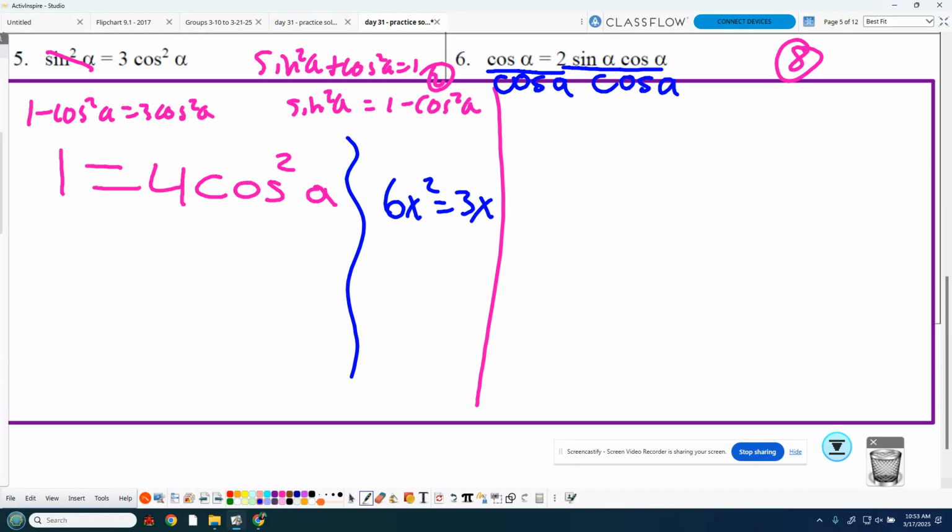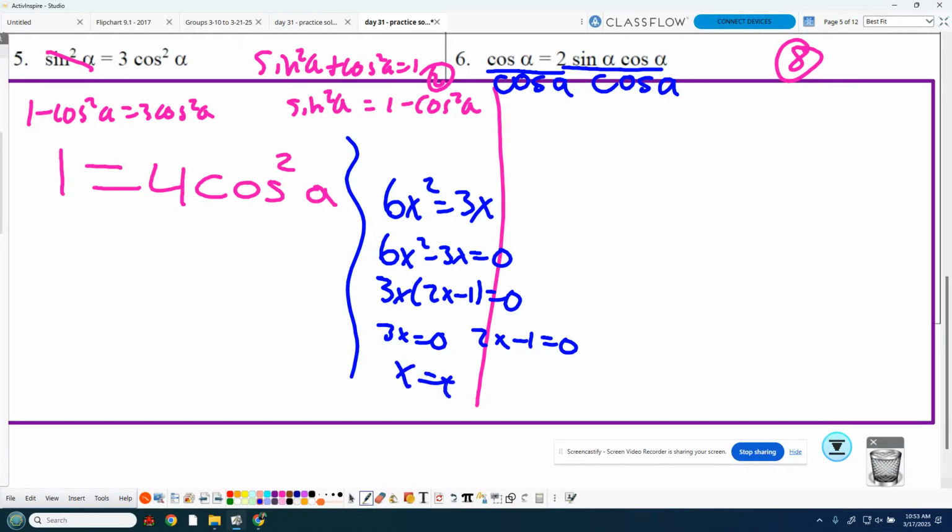Don't do that divide, because you're dividing by some answers. What we need to do is subtract, and then set each term to 0. And I got x equals 0 and x equals 1/2. Over here, if we start this way, I am throwing away 2 valid answers. Don't start that way.